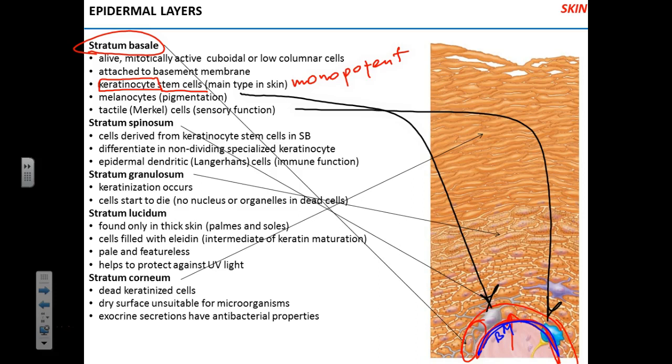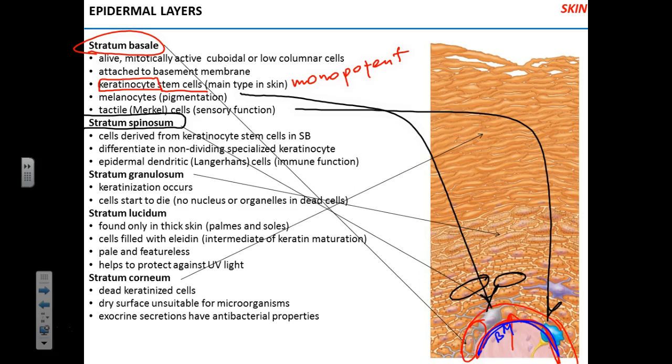When we go up from stratum basale to the next layer, stratum spinosum, cells are still alive. They start to flatten, and they are not mitotically active anymore. They do not divide.